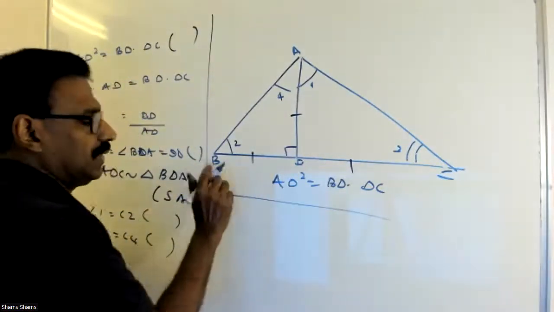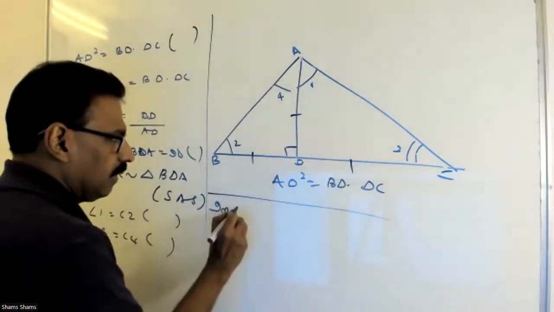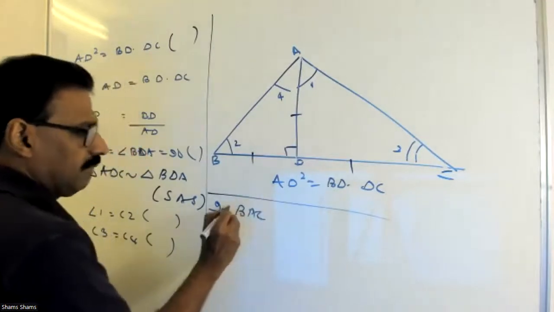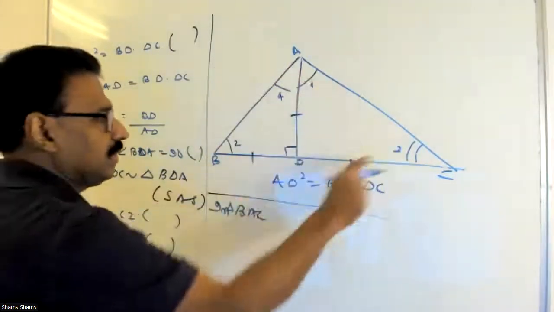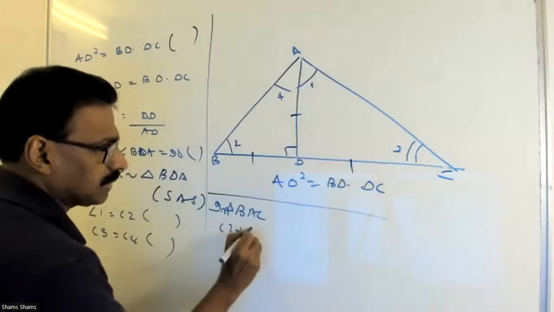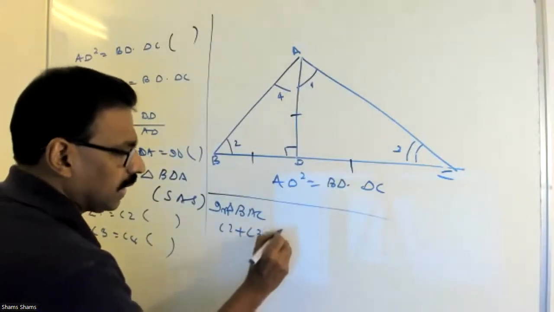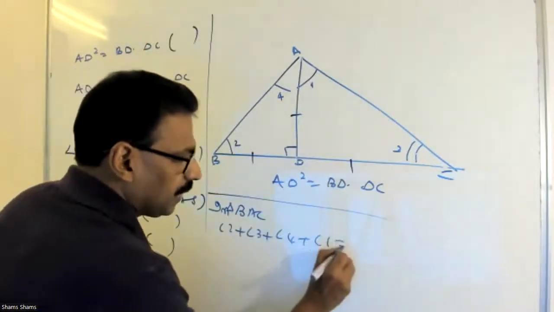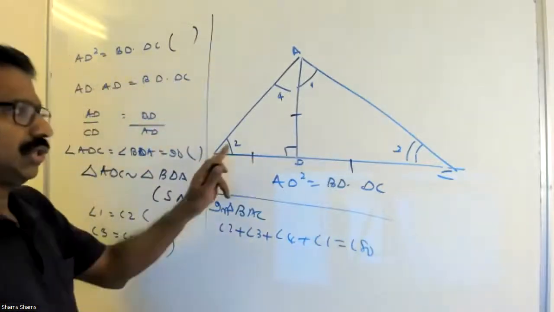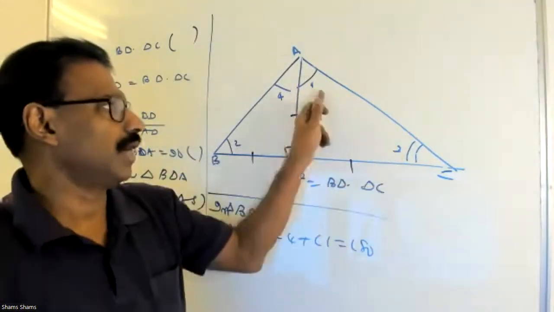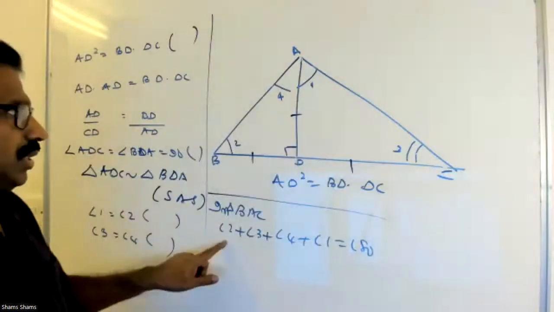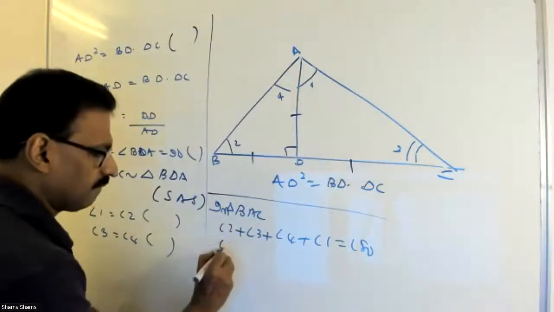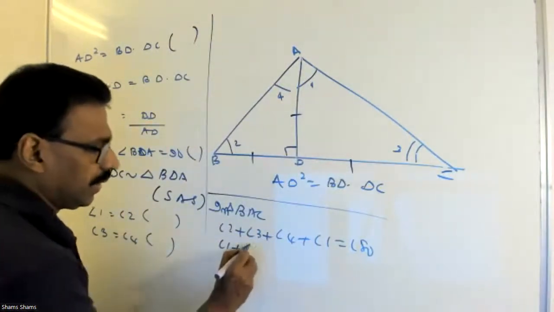After that, in triangle BAC, angle 2 plus angle 3 plus angle 4 plus angle 1 equal to 180. Correct or no? Instead of 2, I can write 1, and instead of 3, I can write angle 4.